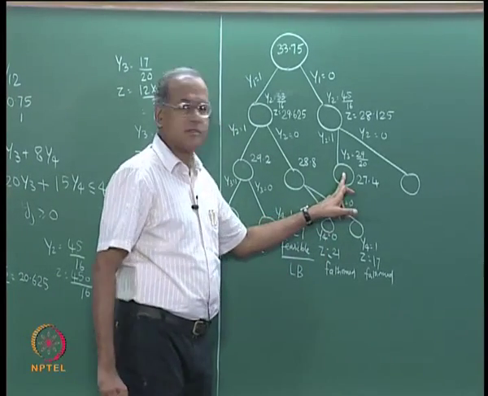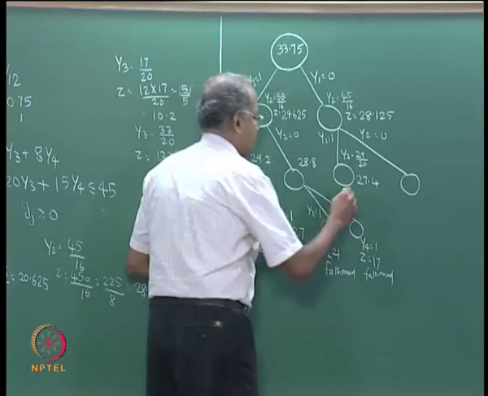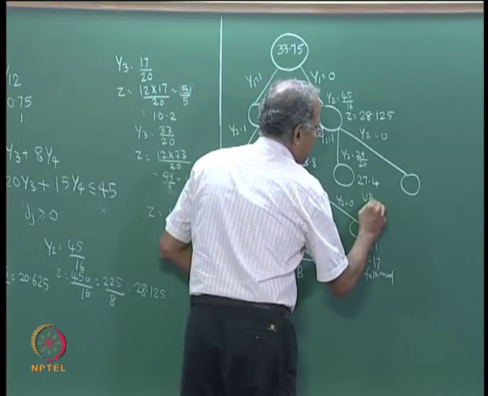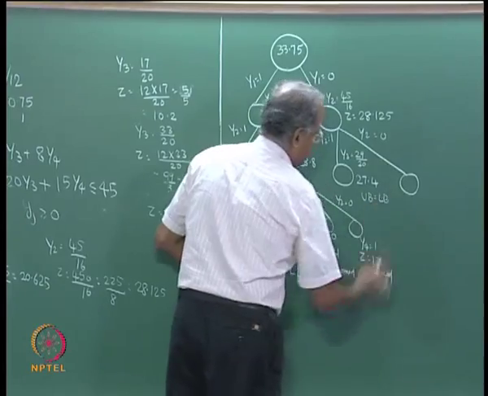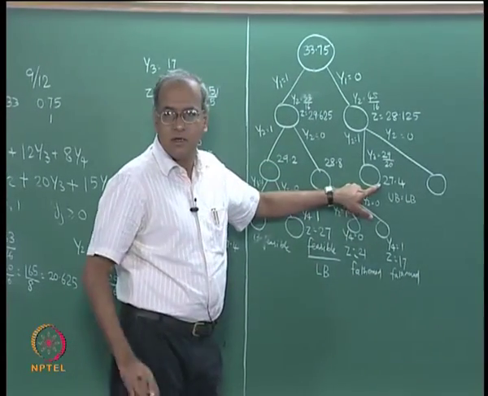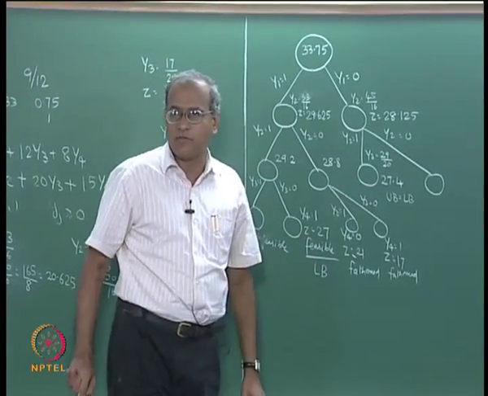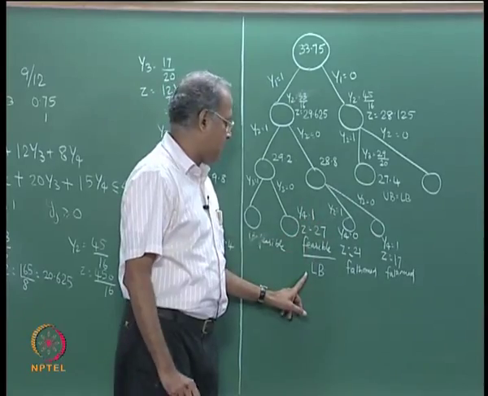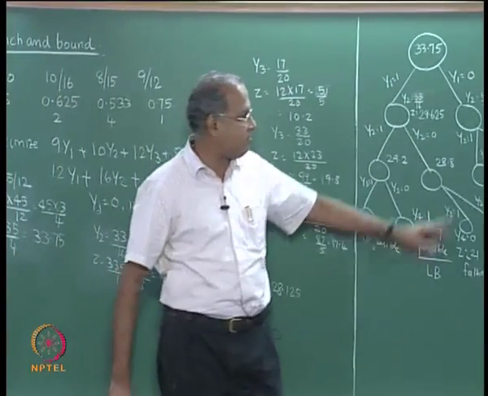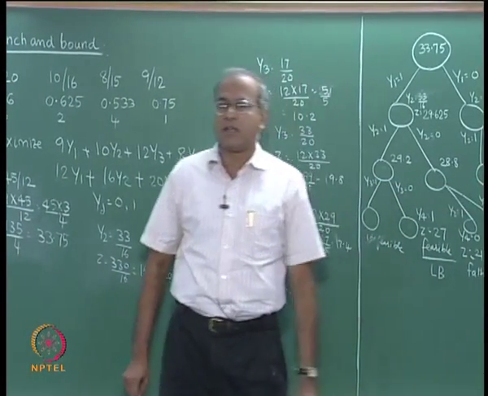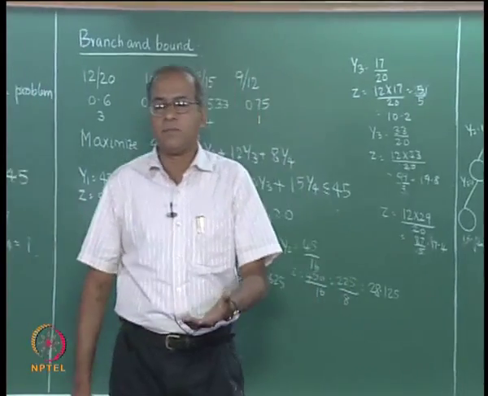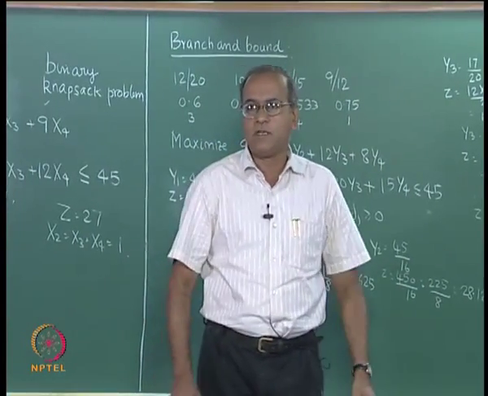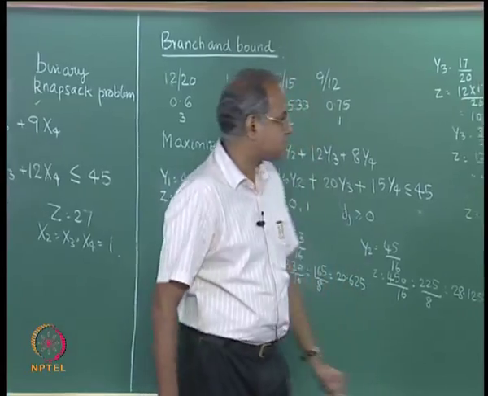So, we do not need to proceed from this. So, this is fathomed because upper bound is equal to lower bound. Upper bound is 27, lower integer value of 27.4. So, upper bound is equal to the best lower bound. So, even if we proceed from here, we can get only 27 or less. So, we do not proceed.